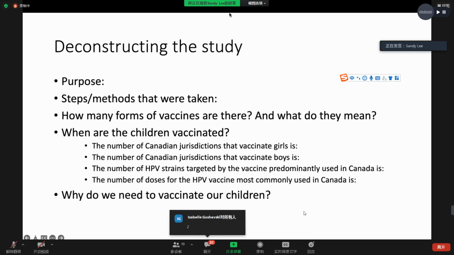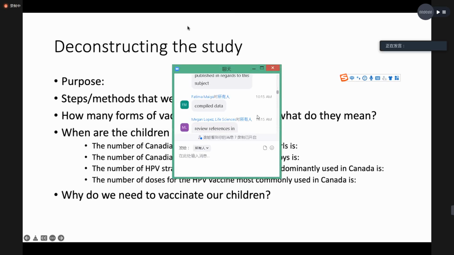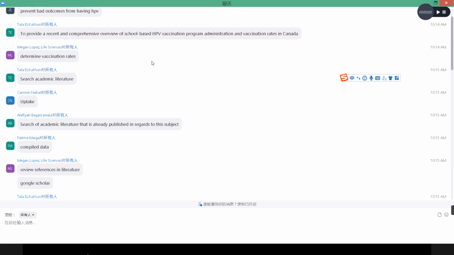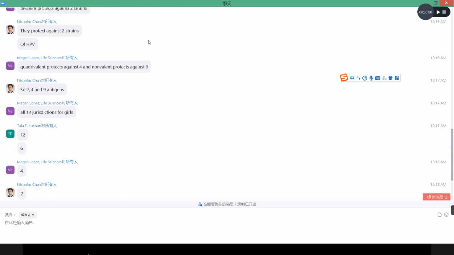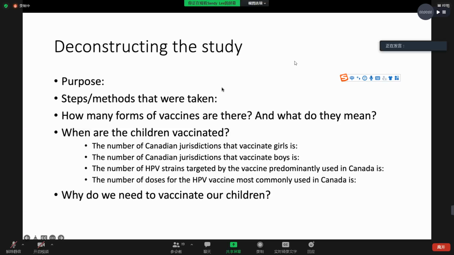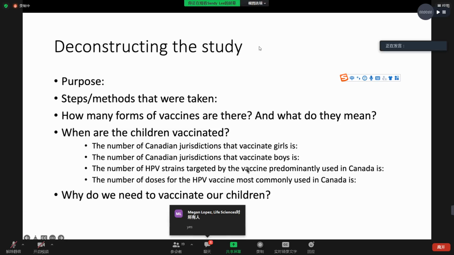And the last question, can you tell me why we need to vaccinate our children? Yes. And to provide the highest level of immunogenicity. Did everyone get that? Perfect.